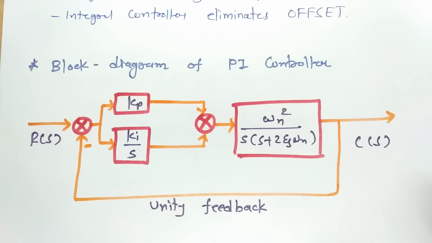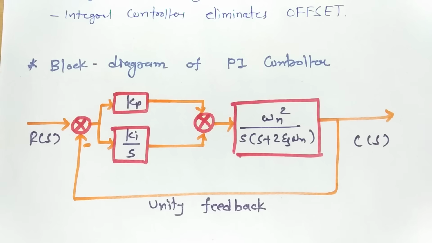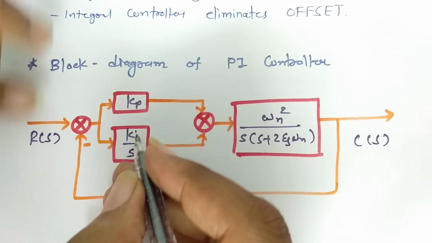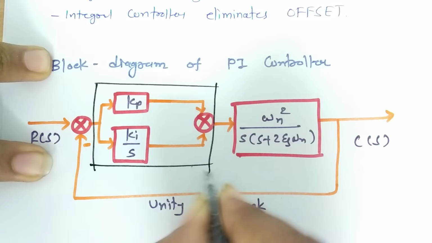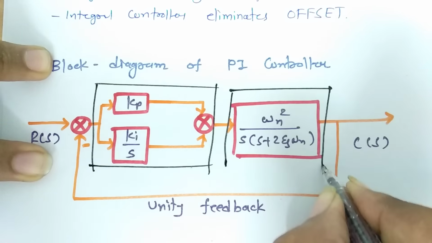Now I'll explain the block diagram of PI controller. Here in this block diagram we can clearly see this is the controller part and this is the system part.